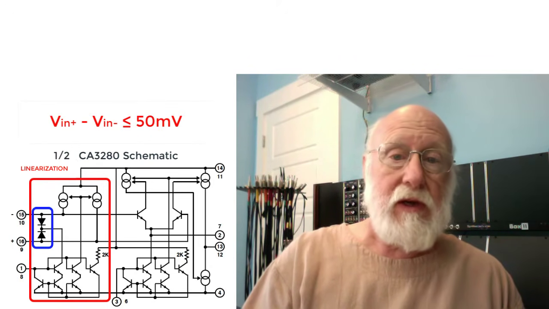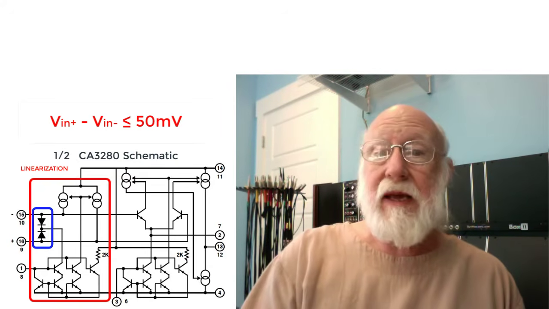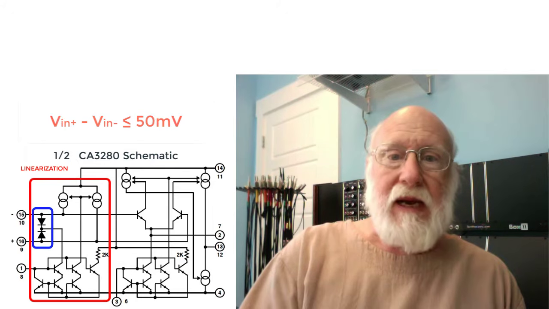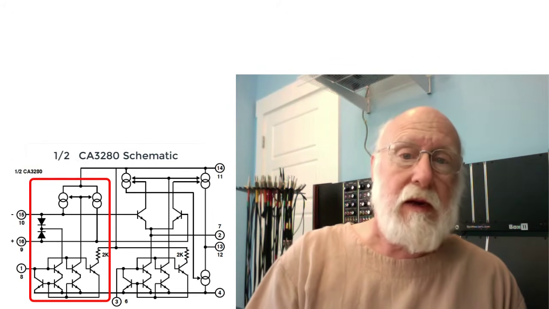Now, that's still a fairly small signal, but it's a lot better than 10 millivolts. The CA3280 is also now obsolete, and it never really achieved much product placement as far as I know.